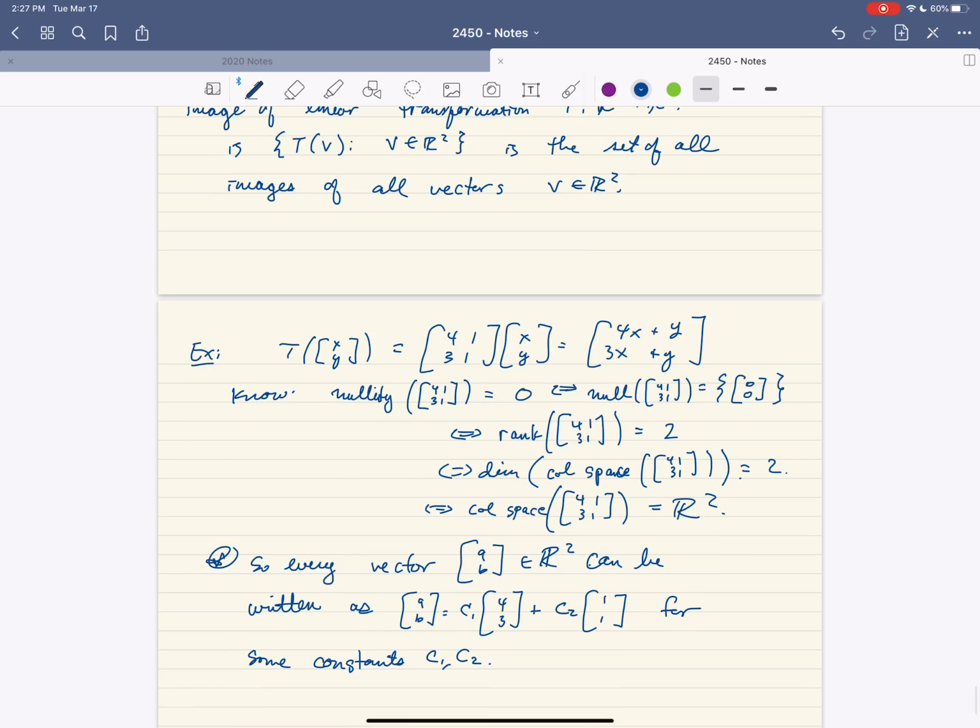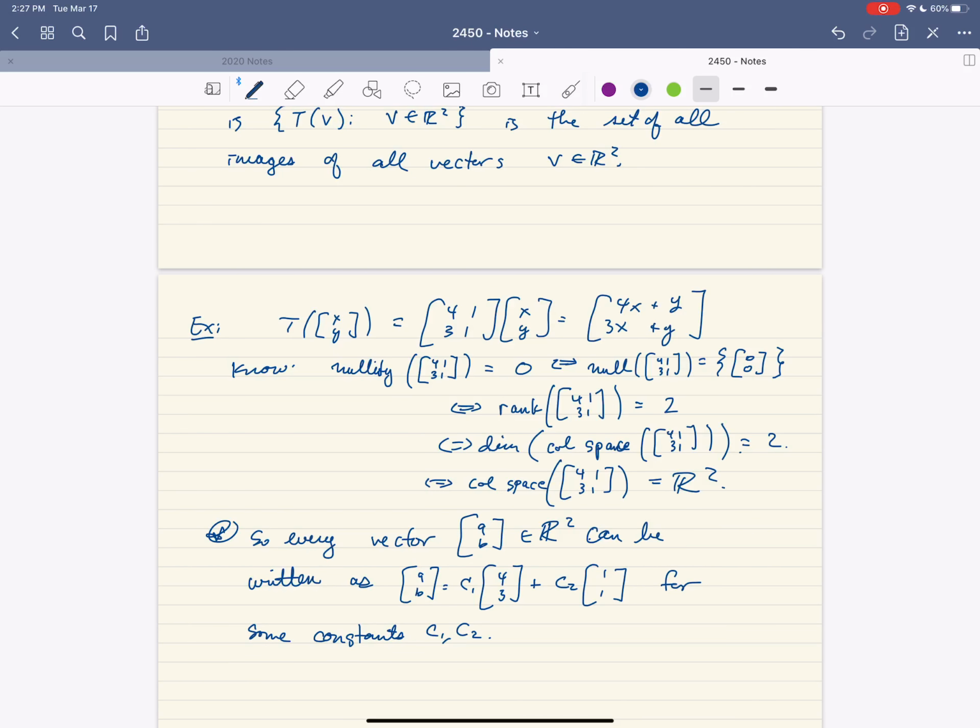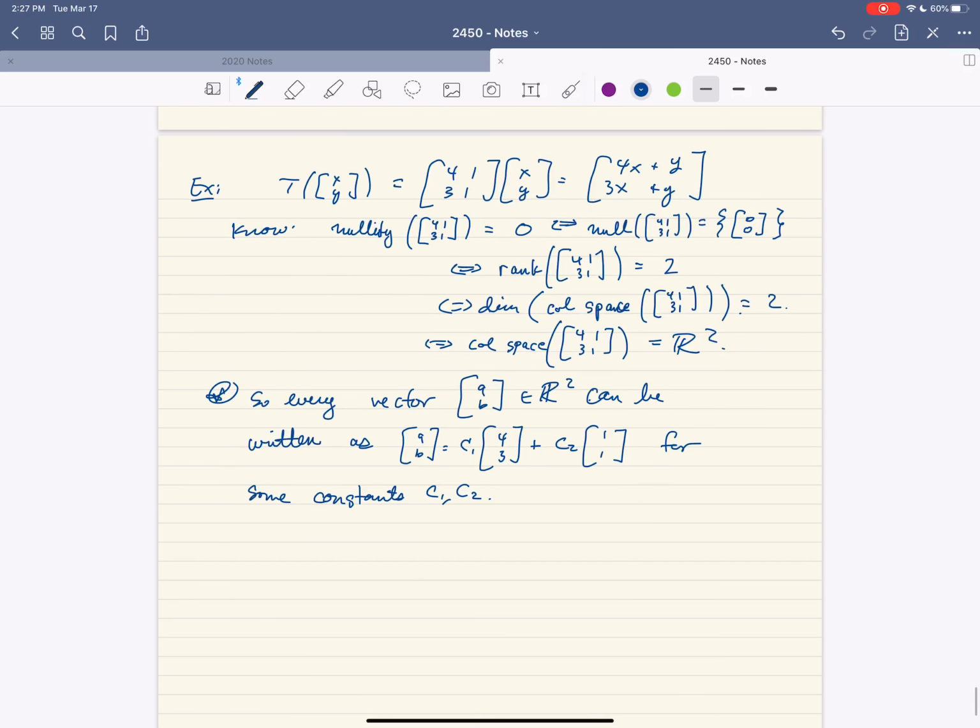Which of those cases are we going to land in when we're talking about the image? It turns out that since every vector in R2 can be written as a linear combination of (4, 3) and (1, 1), that's equivalent to saying the following.